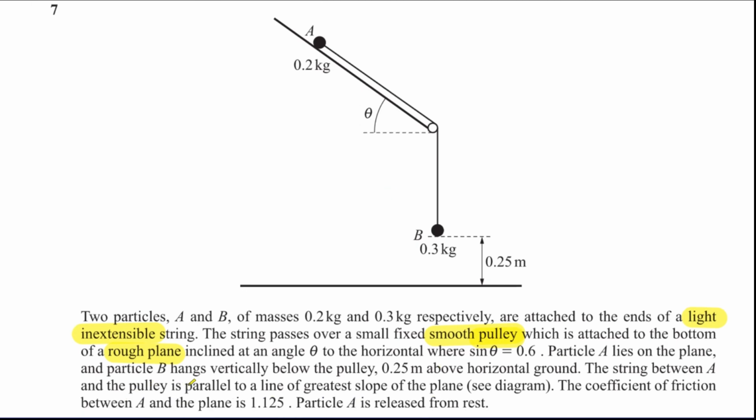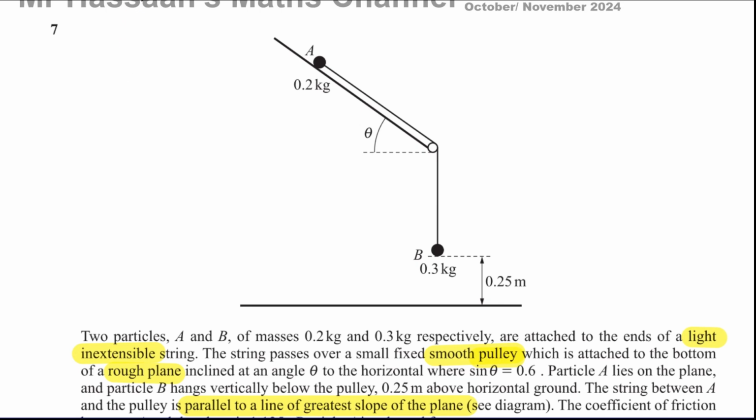So what does that mean? It's parallel to the line of greatest slope of the plane. Basically, we'll just make a little diagram for those of you. Supposing you have the plane, let me draw it in a bit more of a 3D way. Supposing you're looking at this from this direction, you'll see in front of you a ramp.